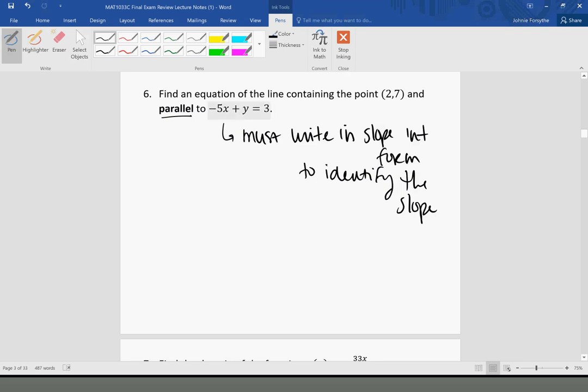So for this one, we would get y by itself by adding 5x. So then we would have y equals 5x plus 3. Now we can just look at the slope here, which is 5.